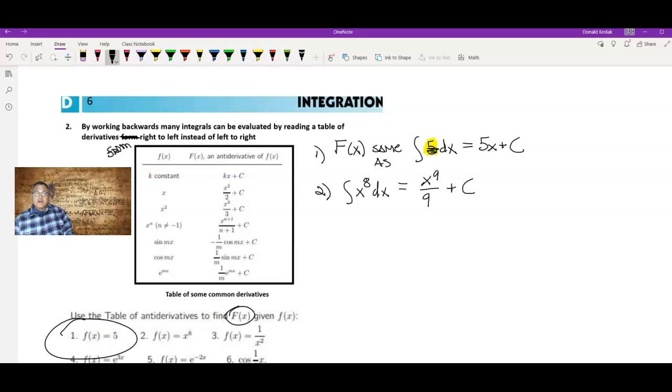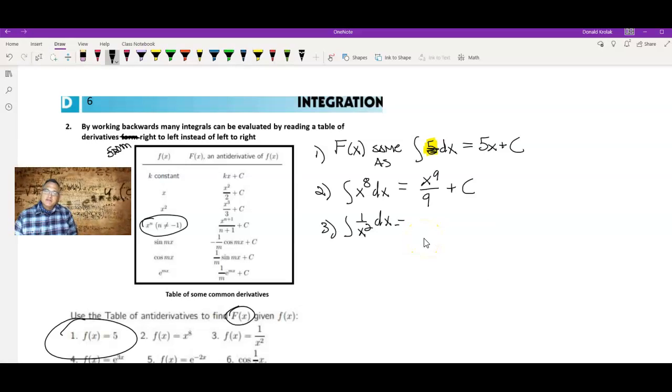Okay, number 3, integrate 1 over x squared dx. So I'm going to rewrite this as the integral of x to the negative 2 dx. And then I'm thinking, what function would have a derivative that would be x to the negative 2?